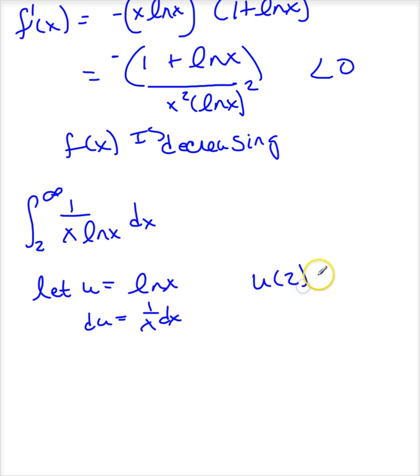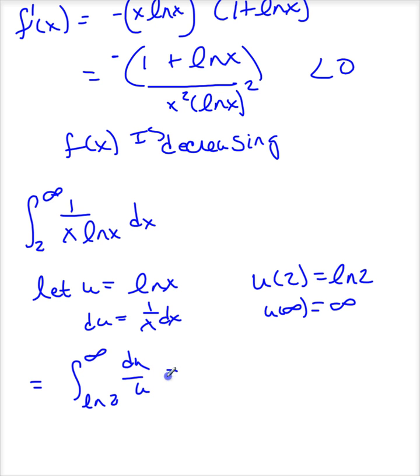U of 2 is the natural log of 2. And u of infinity, now clearly I'm going to have to change my limits here. So this becomes the integral from the natural log of 2 to infinity of du over u, which is improper.